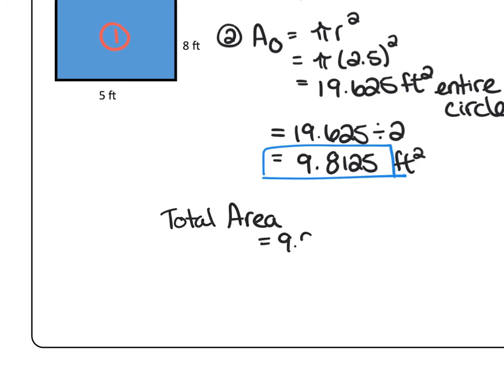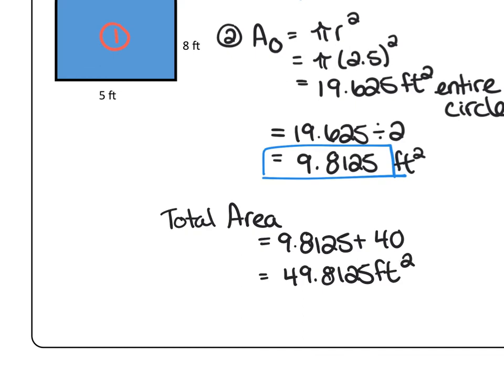So 9.8125 plus 40 is 49.8125 feet squared. And that is our total area for that shape.